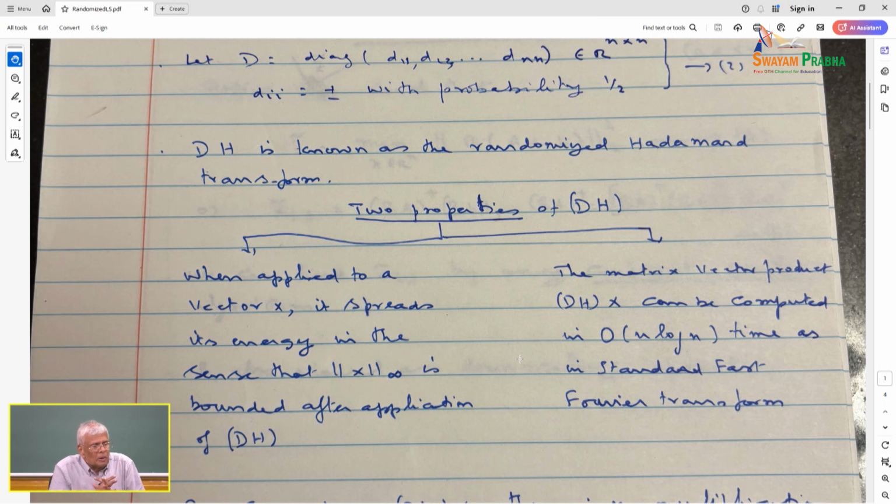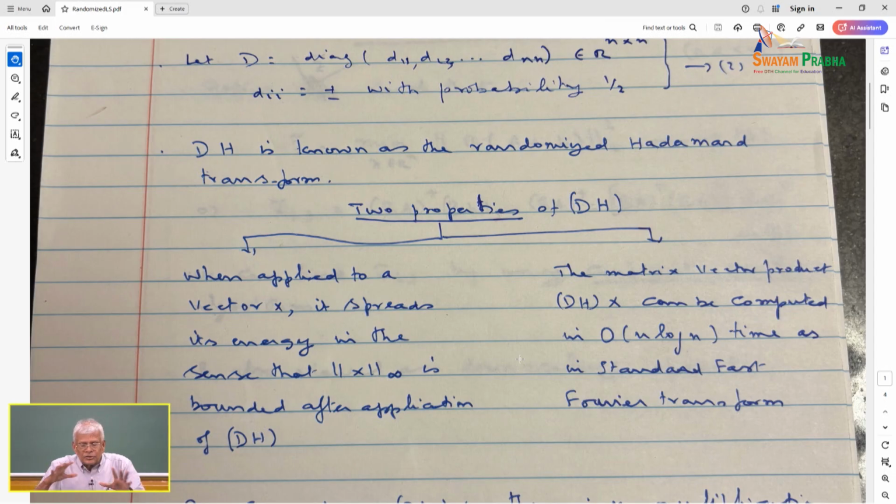Where are we going to exploit the spreading property? You remember when we talked about sampling, random sampling, if the columns of a matrix A are such that the energy in the columns, as measured by the square of the Euclidean norm of the columns, are very different, those columns whose energy is larger are going to dominate, and those columns whose energy is smaller are not going to be as dominant.